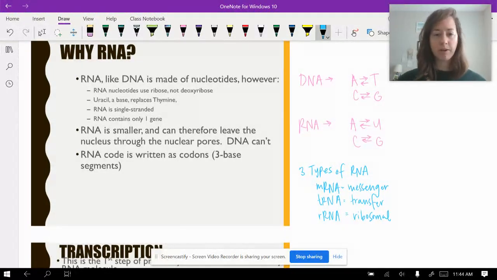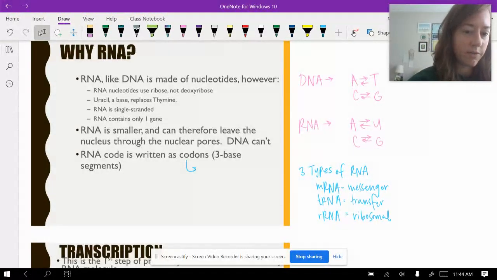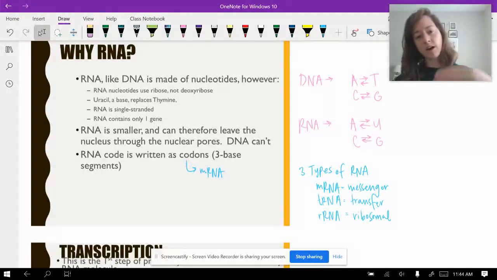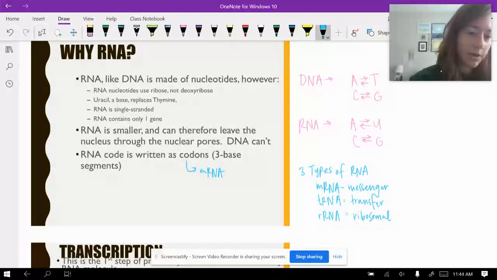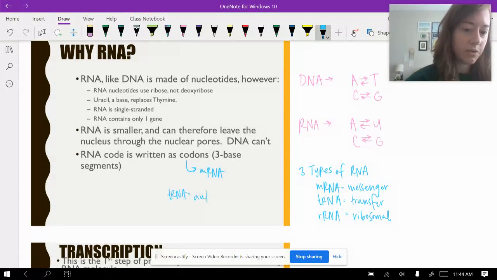Also, one other really important thing is that when you have 3 bases of mRNA, it's called a codon. So codon is for mRNA. When you have 3 letters that are complementary to your codon, it's an anticodon. So in tRNA, it's an anticodon.